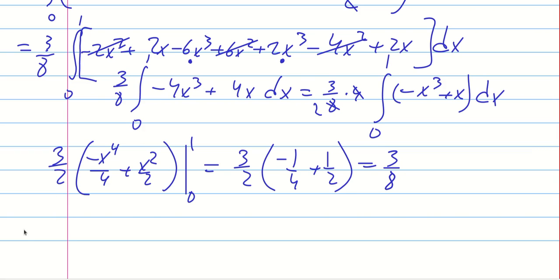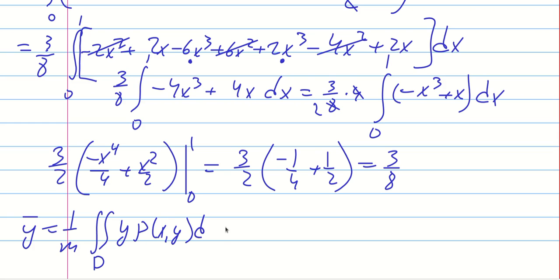The last thing left to find is y bar, which is 1 over m, the integral over the region D of y times rho of (x, y) dA. So we write it as 0 to 1.